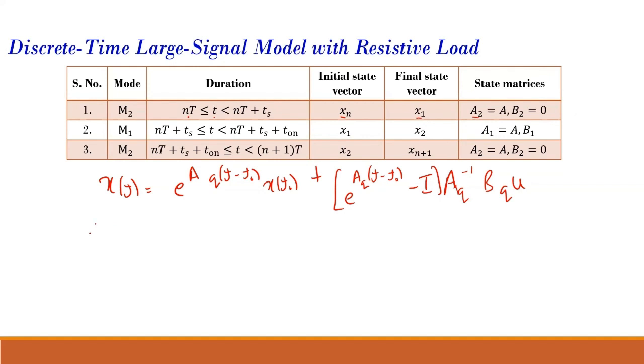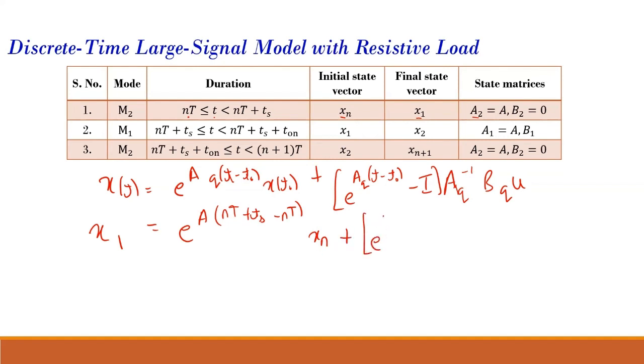So my x of 1, that is my final state, is equal to e raised to Aq, that is A2, equal to A. Now t is the final time, that is nT plus Ts, minus t0, the initial time, that is nT. So it will be nT plus Ts minus nT, and x of t0 is equal to xn.